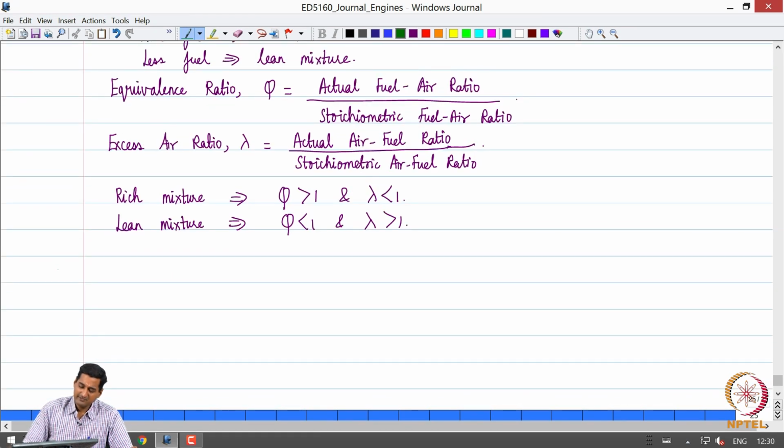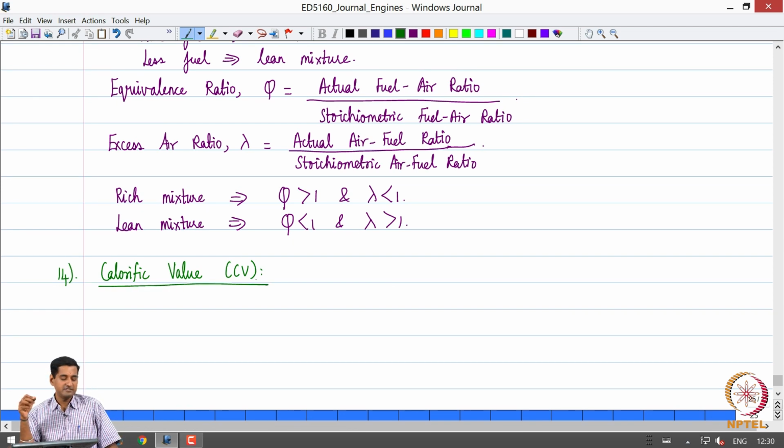So, one more parameter which we are going to encounter is the calorific value. We have already encountered calorific value when we defined the efficiency terms, right. So, what is the calorific value?